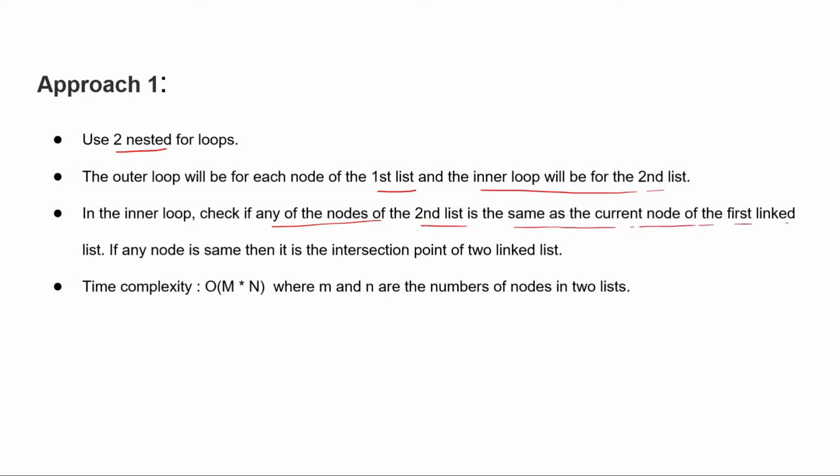If both nodes are the same, then that node is our intersecting point. The time complexity is m times n, where m is the length of the first linked list and n is the length of the second linked list. This time complexity is not acceptable here, because we are using two loops and it takes too much time. So we are going with a different approach.